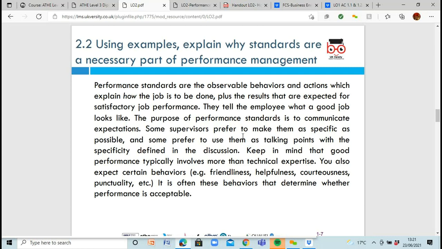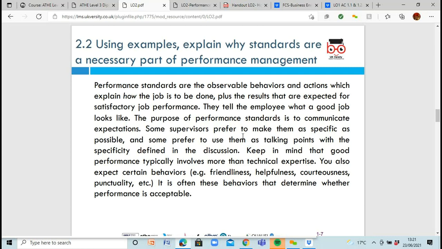So if I'm going into work today and I'm in a call center and I need to be handling at least 30 calls a day, I've got an 8-hour shift, I should be handling this many calls and this is how I should behave. You've got your targets and you know what your standards are, and you can work towards achieving those.